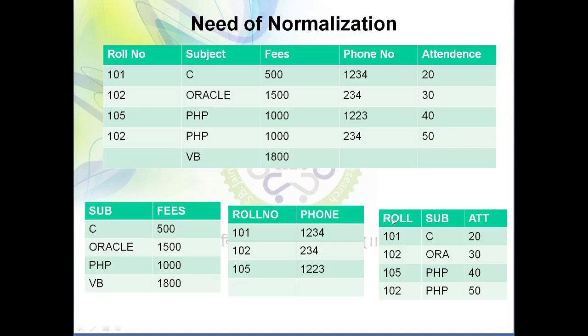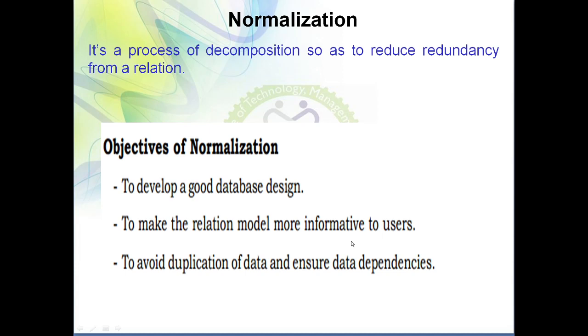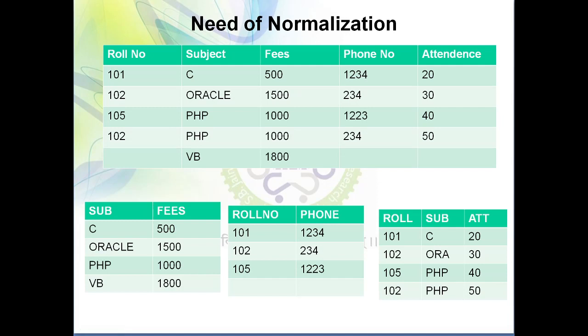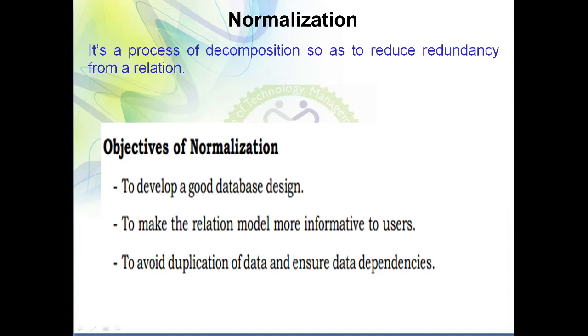That means, in this case, one of the objectives is to make the relation model more informative. And third one, to avoid the duplication of data and ensure the data redundancy is reduced. In this case, we avoid the duplication of the phone number for roll number 102, that is being avoided. So this is our main objective of normalization.